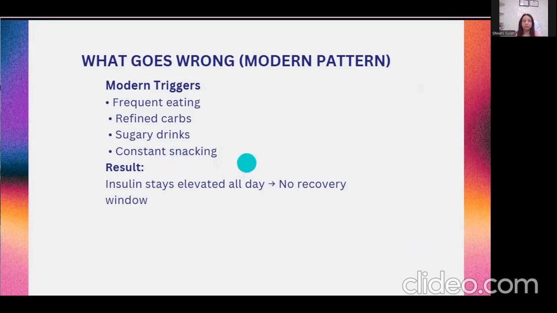So that means: ठीक है, this is lunch time, everybody is eating, I should also eat, without knowing whether I am hungry or not. So again, there is no clearance time given to the body.